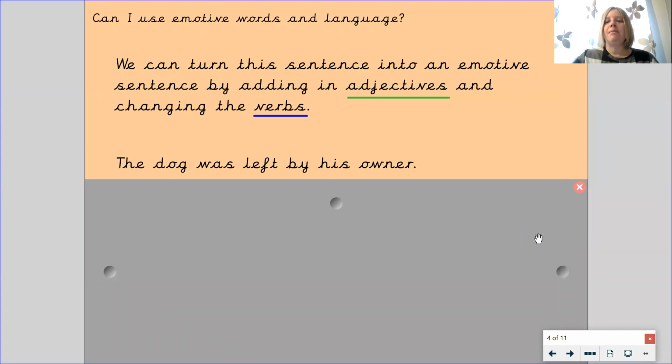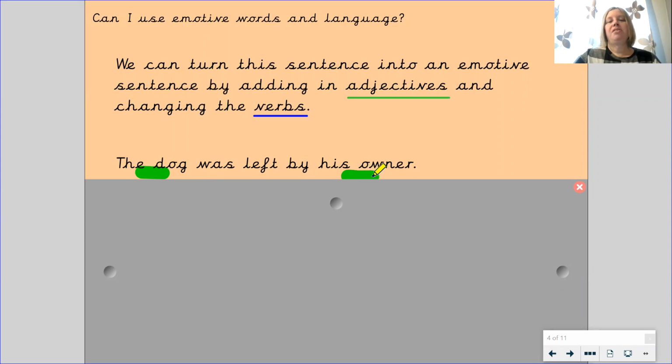We can do this by adding some adjectives to describe the dog. In front of the dog, just here where I put green to remind you, you can add in two adjectives to describe the dog. We could also describe the owner, so we can put some adjectives in front of the word owner.